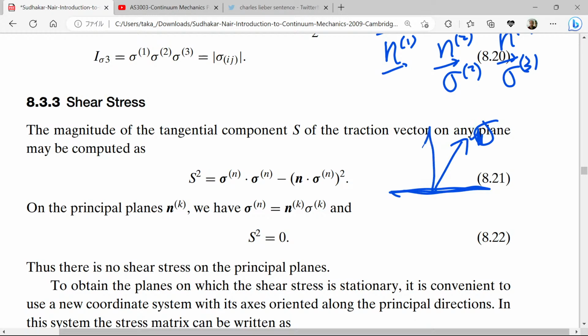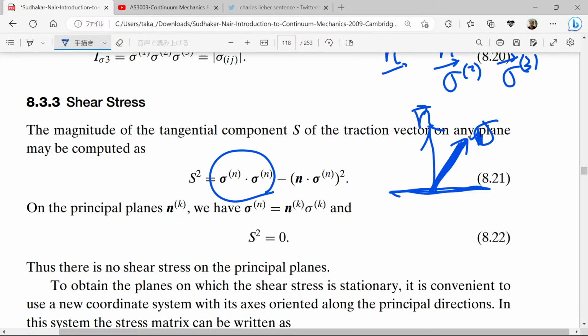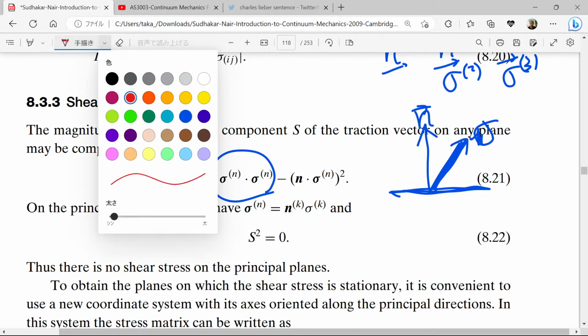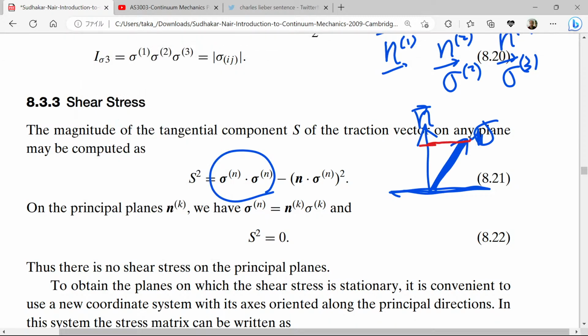Then there is a normal direction. So this first one is like length, right? Then this one is the projection. Okay, so there is a normal direction, then there is a projection to this.